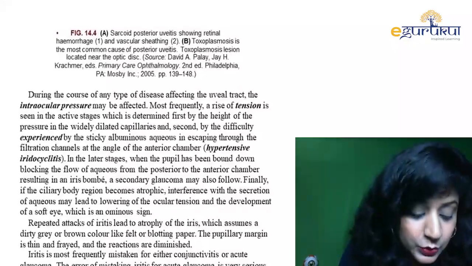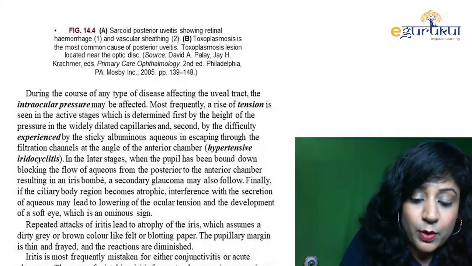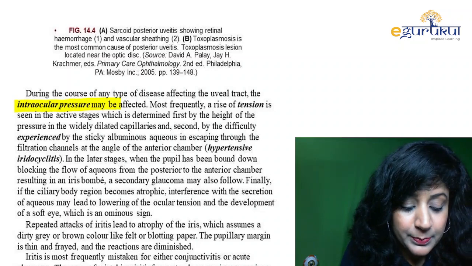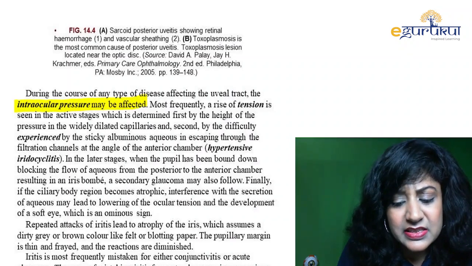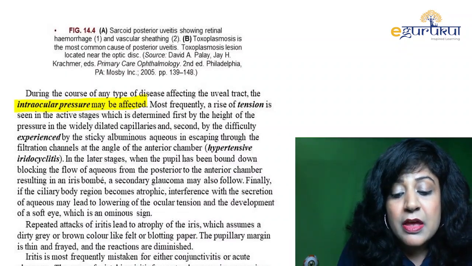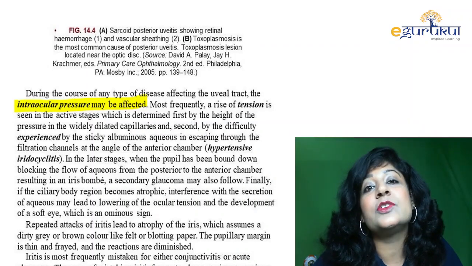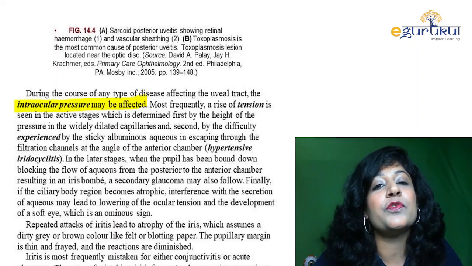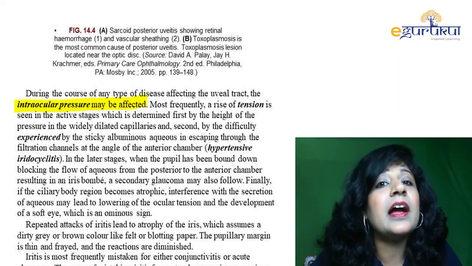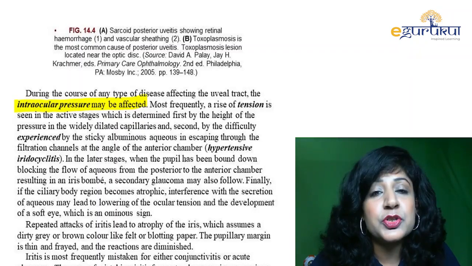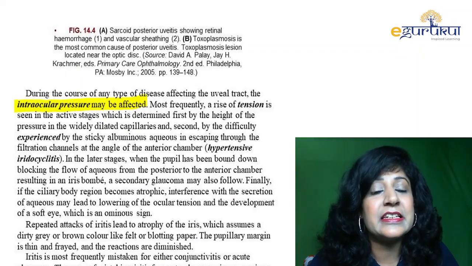Now, during the course of any type of disease of the uveal tract, the intraocular pressure may be affected. I think this is again an important concept, because whenever we are studying iridocyclitis, that means anterior uveitis, we are dealing with a rise in pressure, and it is a common complication of recurrent anterior uveitis.